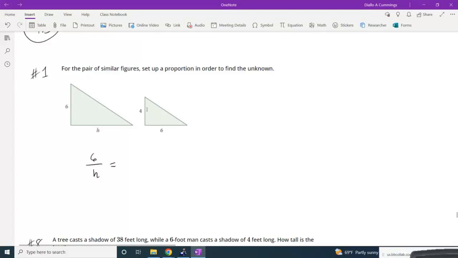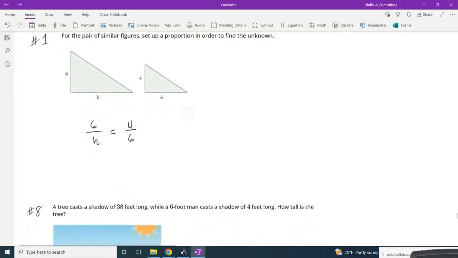So I want to set that equal to this leg 4 over 6. So that's one way I could set it up. So 6 is to H as 4 is to 6. Notice that our legs for both of these proportions are corresponding.